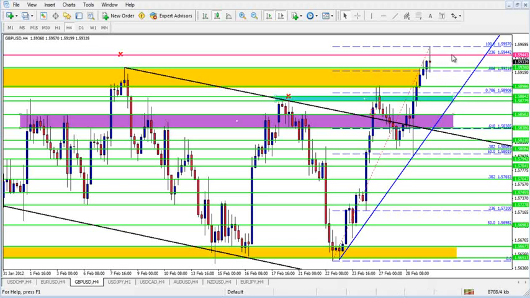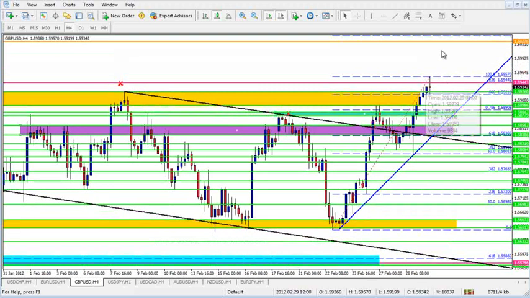So if we see a pullback from the 59.45 level all the way back down to 58.85, that will give us a buy opportunity in the direction of the current trend. If it doesn't pull all the way back down here to 58.85 and just breaks through 59.45 and opens and closes above there, preferably here on the 4-hour chart above 59.45, that will give way to the next leg higher, probably pushing into the low 6,000s.